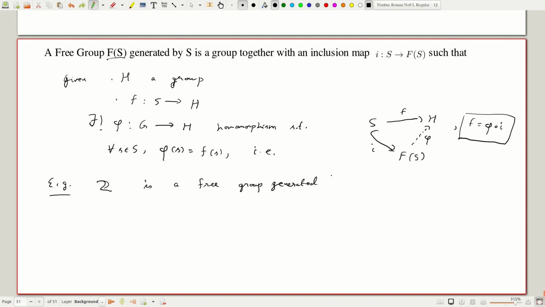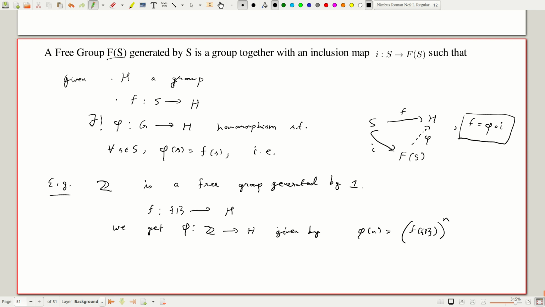This is what you would see in a first course in algebra, namely if I'm given f which maps the singleton 1 to H, we get phi which maps Z to H, the group H, given by phi of n is going to be f of 1. Now H may be non-abelian, so I should use multiplicative notation here, to the power of n. Okay, and this is unique because this is the only map.